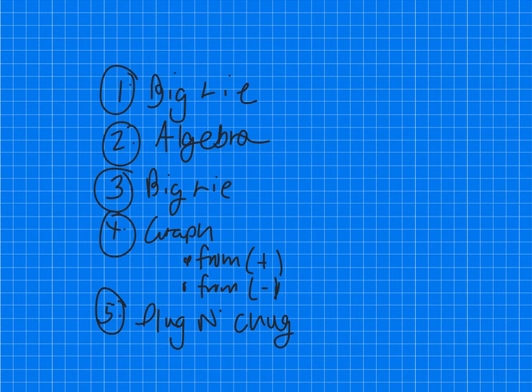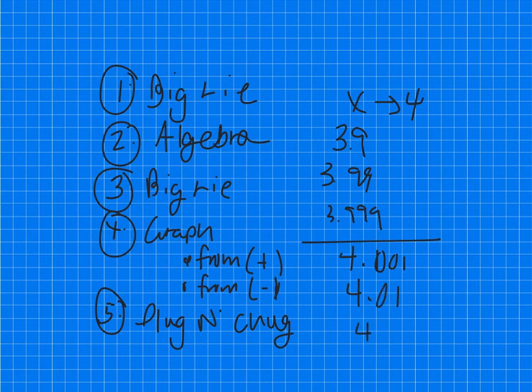So if none of the 4 methods work up top, then you basically just find values that get closer and closer to what x approaches. So if you have x approaches 4, then what you're going to do is plug in values that are very close to 4. So first we can do 3.9 and 3.99 and then 3.999, and then on the other side you do 4.001, 4.01, 4.1.